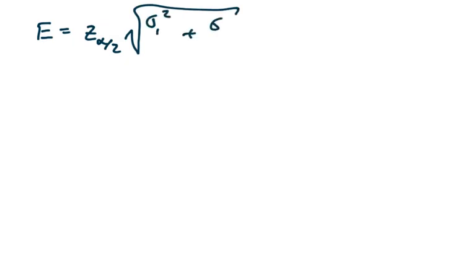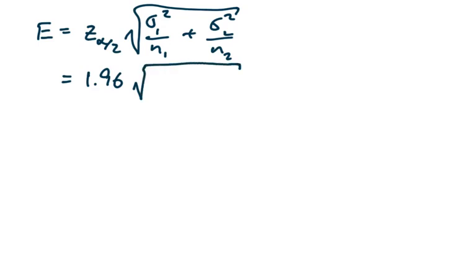So the first thing I like to do is calculate my margin of error. I break this into two pieces. So margin of error is going to be a critical z-value based on alpha times that whole square root business. And we're just going to go ahead and substitute in the values. We have 1.96 for our critical z-value because our alpha was the same as in the previous problem.